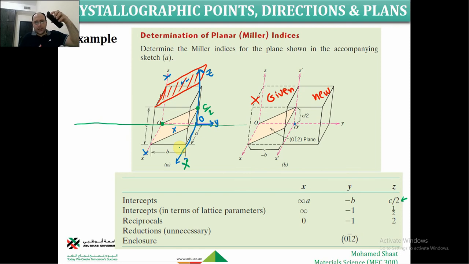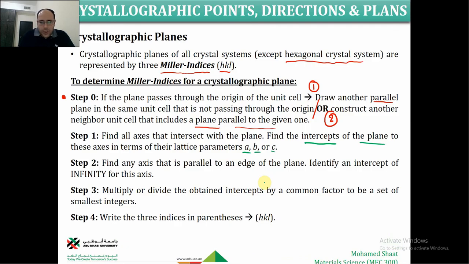Both, this plane and this x-axis, are parallel. There is no intersection between them. It means that for this x-axis, the intercept of the plane with the x-axis should be infinity. Infinity means that there is no intersection. Make sense? So this is for step 1 and step 2.